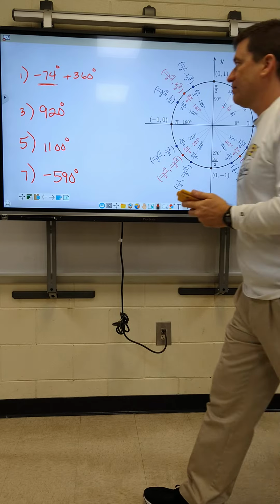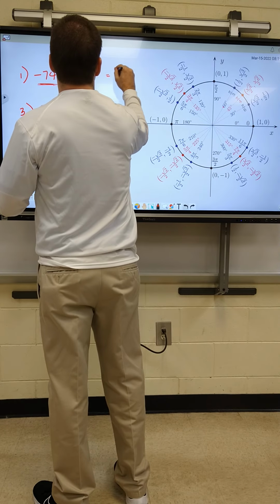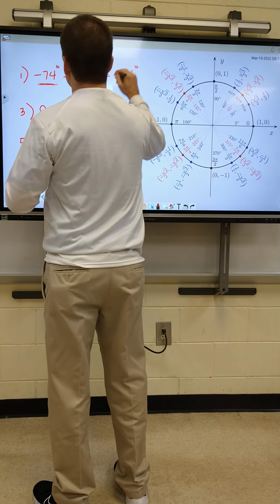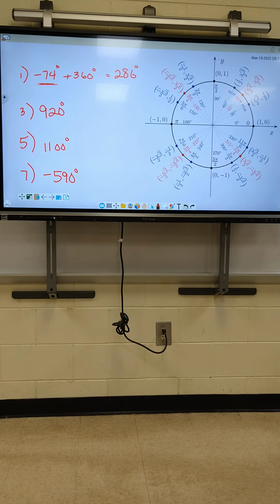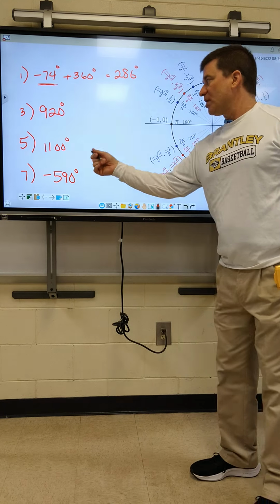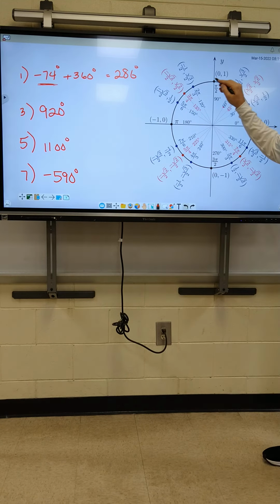What y'all get? I got 286 degrees. Is it always going to be 360? Always 360. If it's a negative number, you're going to add 360 because there's 360 degrees in a circle. What about a positive number? We'll handle that in a minute.